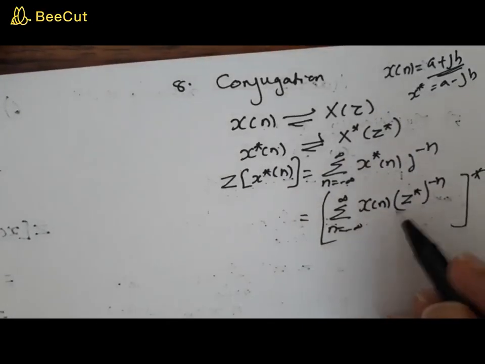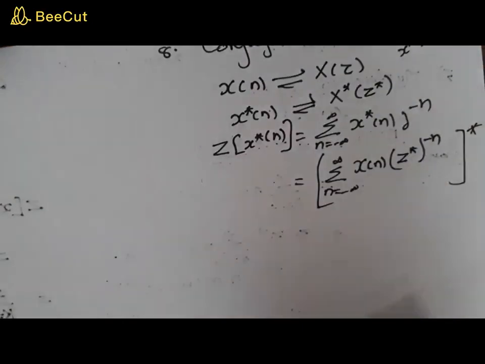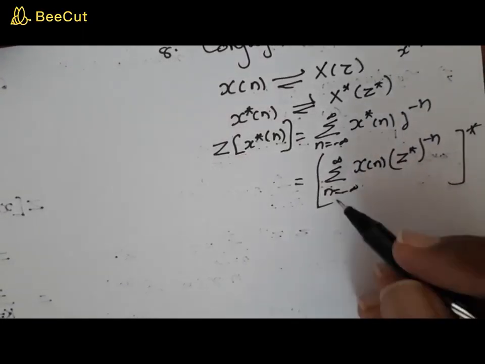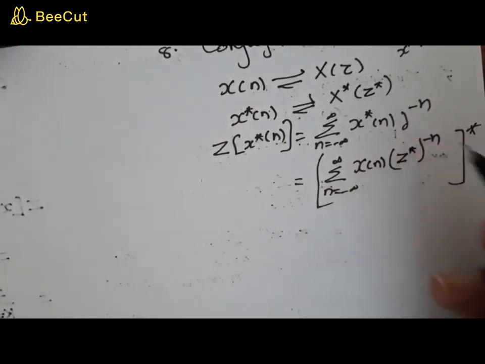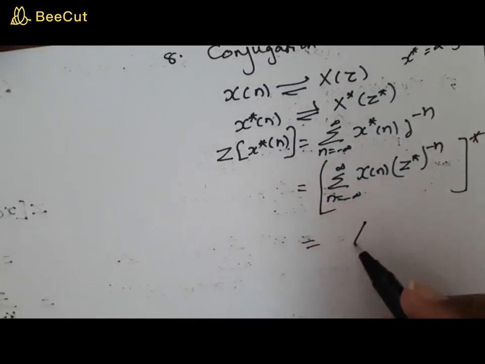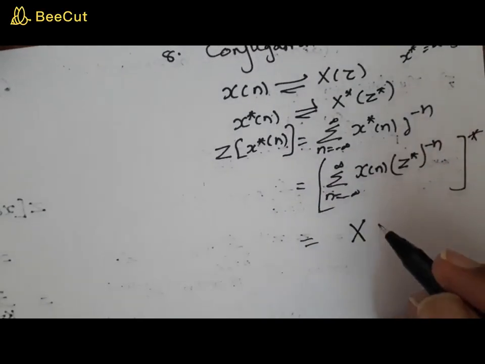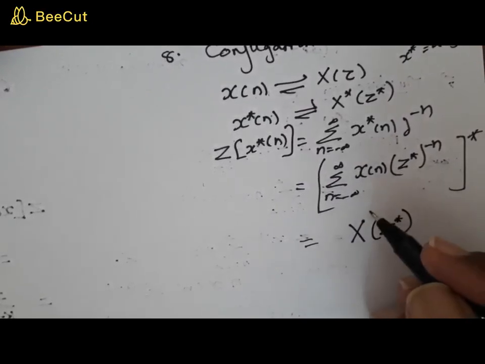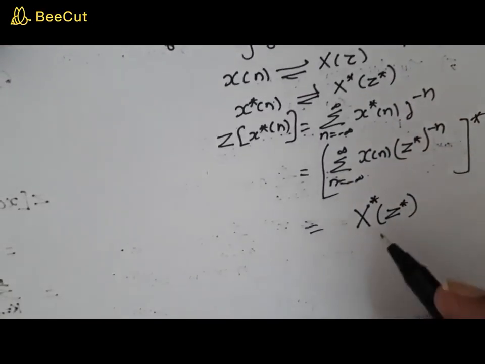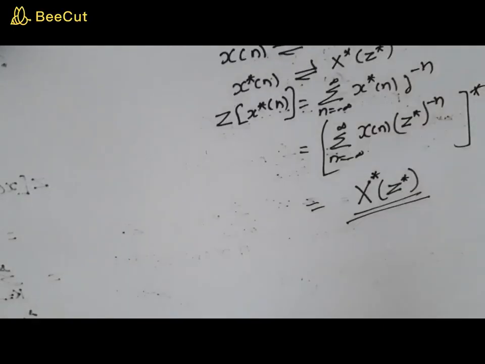As explained earlier, this is similar to sigma n is equal to minus infinity x of n z star raised to minus n. So the resulting function inside this bracket will be x of z star, but there is a star outside. So this will be x star of z star.